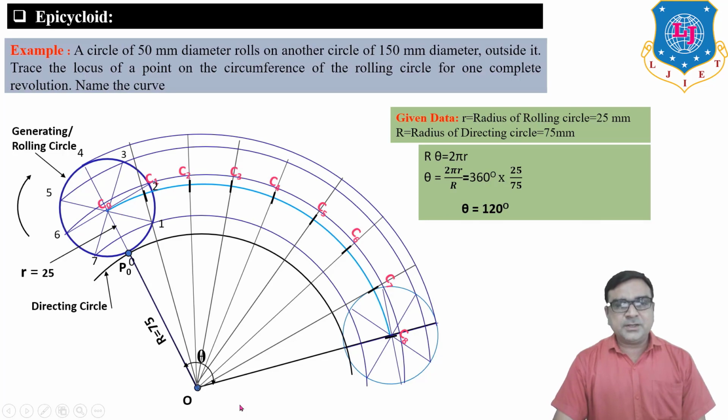Now to obtain the points of the epicycloid curve, which are the points P, for that we take C1 as center, 25 mm radius, and draw an arc on this particular arc which is passing through 1. Then for another point, C2 as center, 25 mm radius, and draw an arc which cuts the arc passing through 6 and 2.